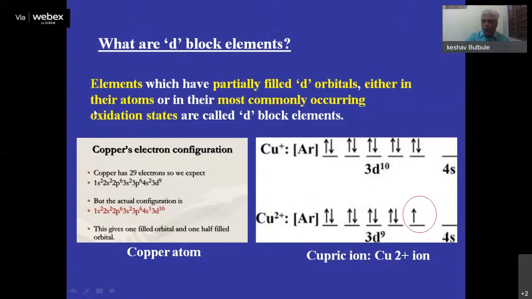Therefore, whenever students are asked to write the definition of d block elements, you should not end only with: elements which have partially filled d orbitals are called d block elements. You have to add the second part of the definition also, that either in their atoms or in their most commonly occurring oxidation state. This justifies the complete definition of d block elements.